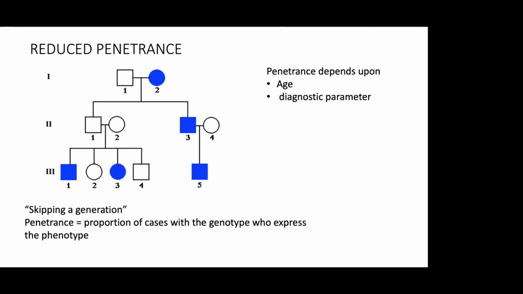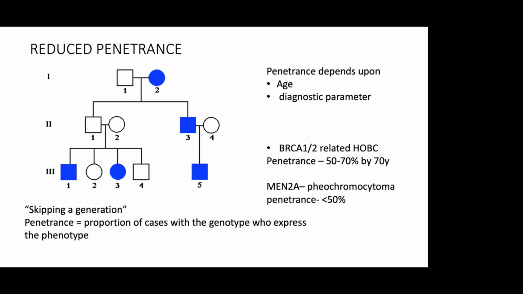Most or the majority of the hereditary cancer syndromes do not have 100% penetrance. That means all of them show some amount of reduced penetrance in variable magnitude. For BRCA1 and BRCA2 related hereditary breast ovarian cancer, it has been observed that the penetrance by 70 years of age is around 50 to 70%.